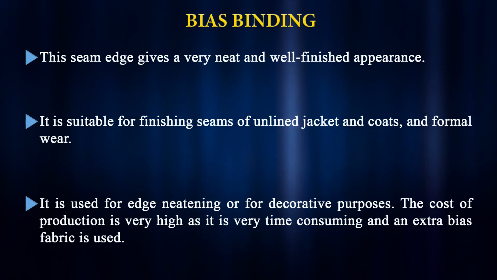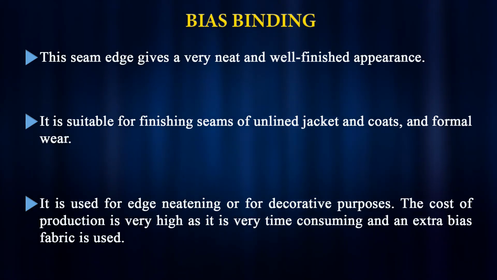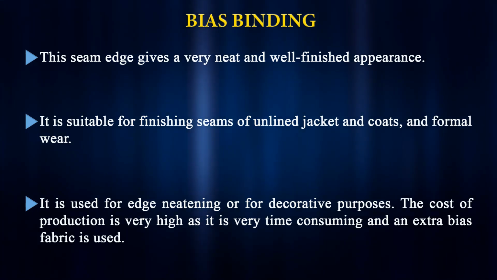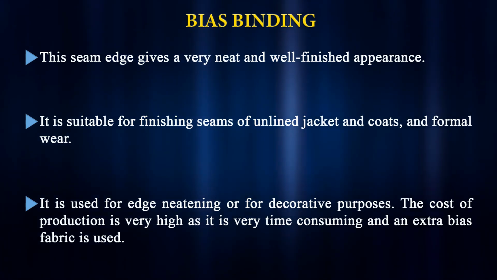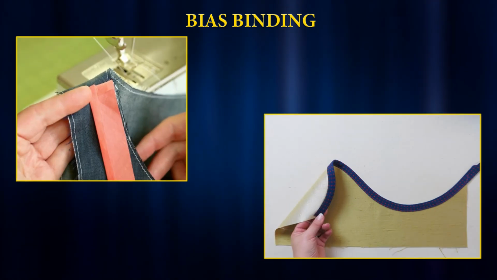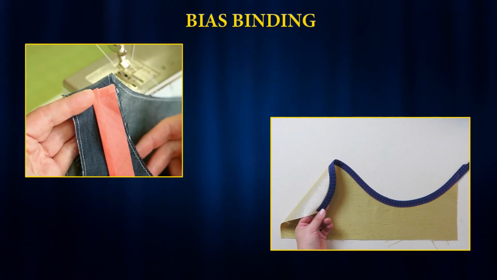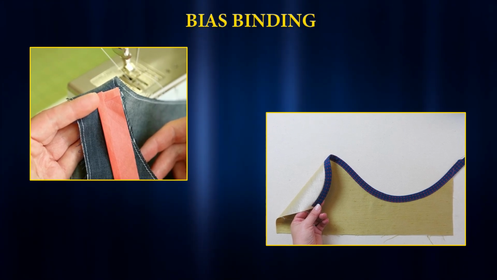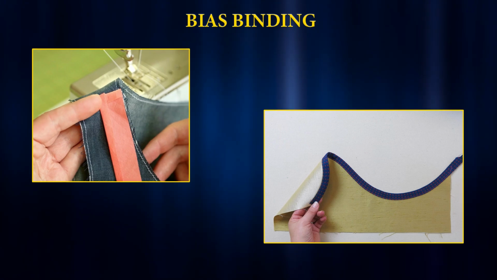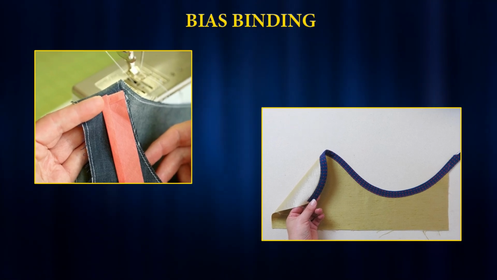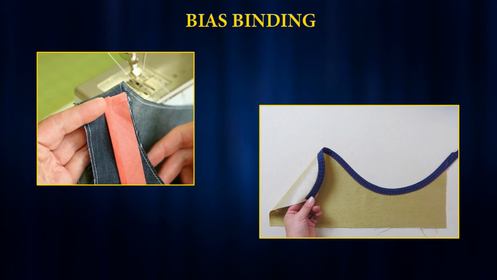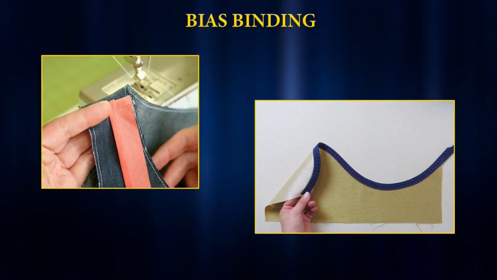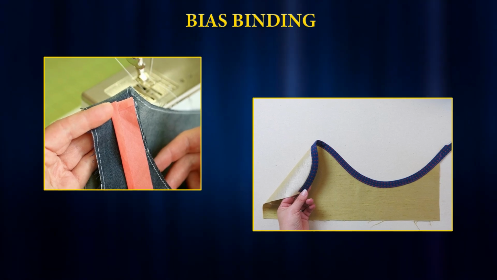It is a type of extra fabric we use for neatening of the fabric. As you can see in the picture, when you have a tailor-made kurta or a shirt, on the neckline we have a strip of a different color. It is said to be the bias binding. So it is used for edge neatening or for decorative purpose.